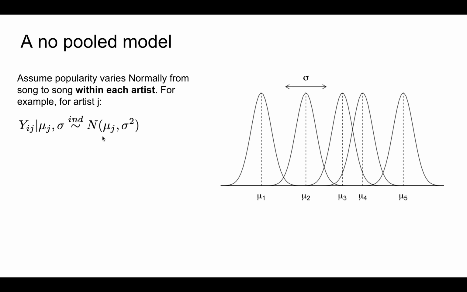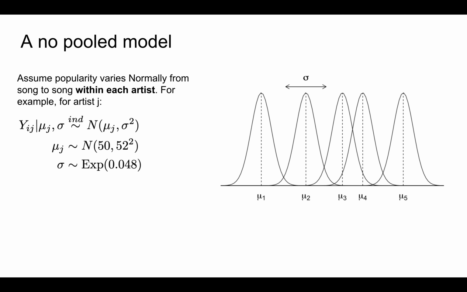So again, these individual artist-specific models depend upon two parameters, μj and sigma. Thus, to complete our model, we can put priors on the parameters. Yet to understand the priors, we first have to understand the meaning of the parameters they describe.